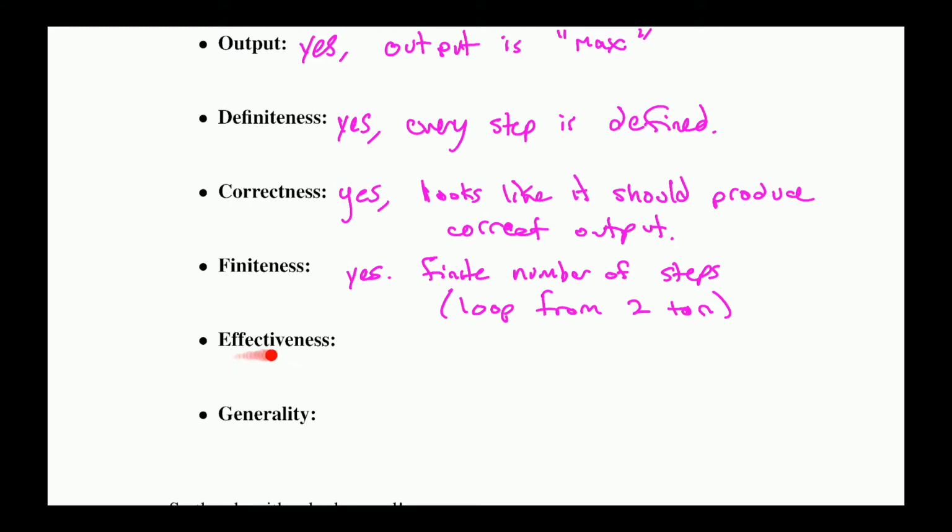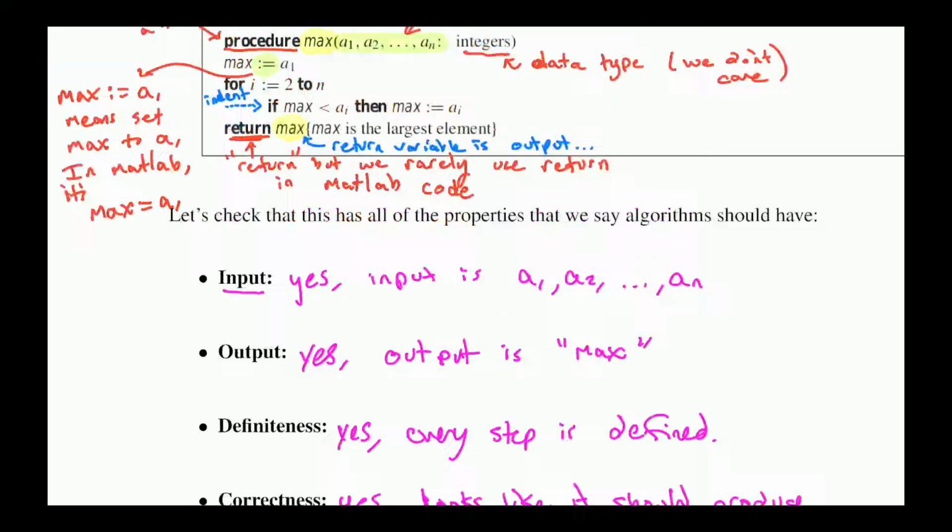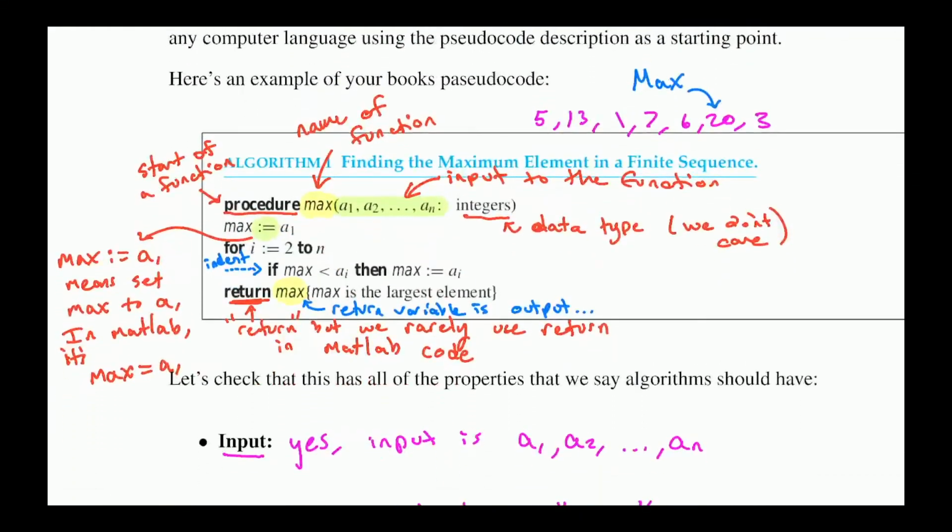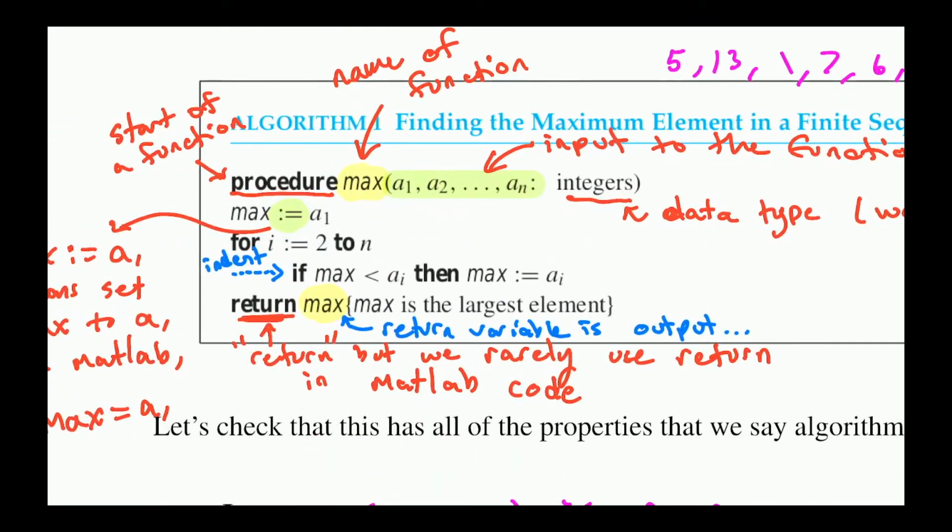Then we get to effectiveness. Effectiveness is that every step should be finite in time. So you just have to look at the operations and think, okay, is there any way this could take infinite time? No, that's just assigning one number to a variable. Here we have a loop. We're going 2 to n, so we know there's n steps, or n minus 1 steps, I guess. But we have an if statement. There's a comparison.